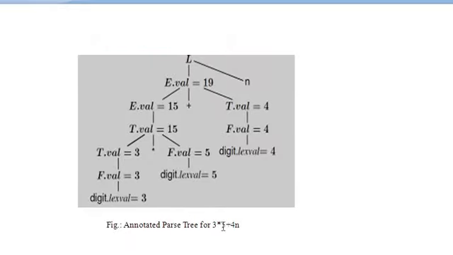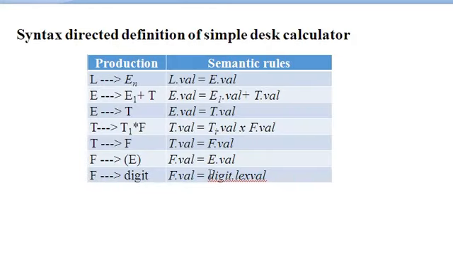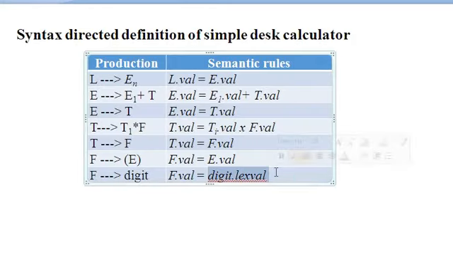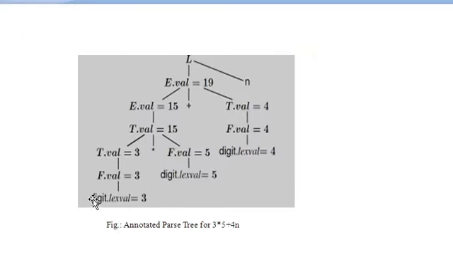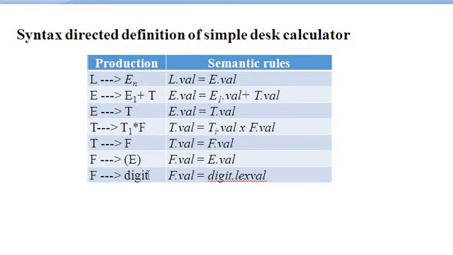First, 3 into 5 plus 4 n. The first one is 3. So 3 is your lexval, digit dot lexval is equal to 3. This production comes from F gives digit.